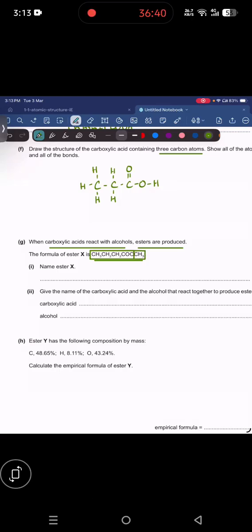So the name of this ester, Junaid, are you in the class? Can you please give me the answer for this one?